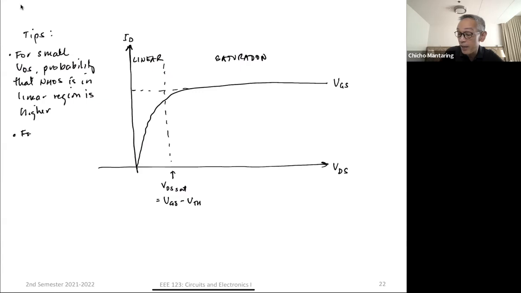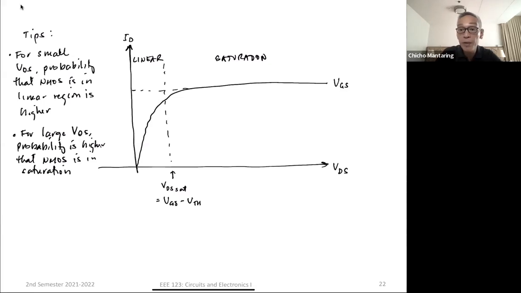Consequently, for large VDS, the probability is higher that the NMOS is in saturation. So that will help you make an initial assumption.